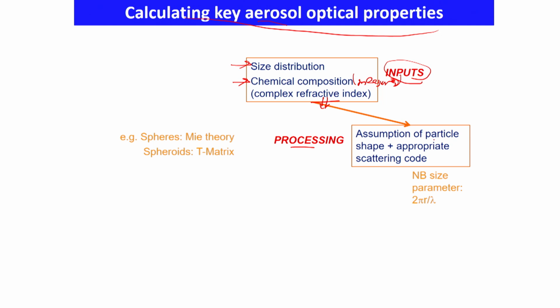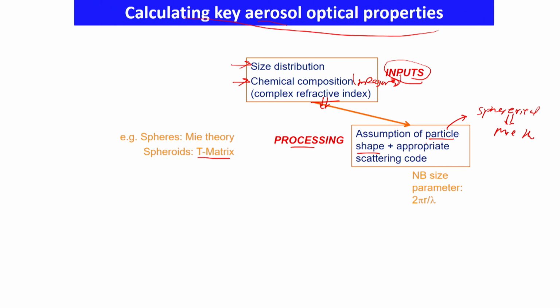So you have to assume the particle shape. For example, if you assume that it is spherical, then in that case Mie theory will be applied. If you assume that this is a spheroid, not a sphere, then a T-matrix kind of algorithm has to be applied.